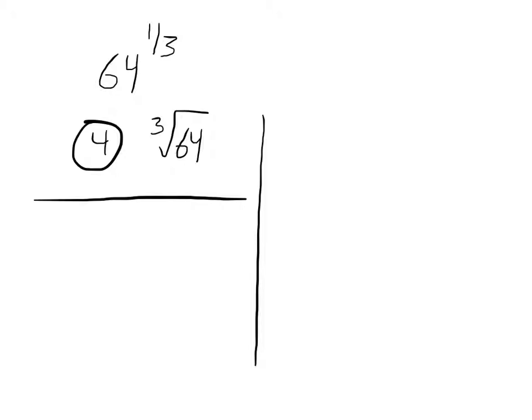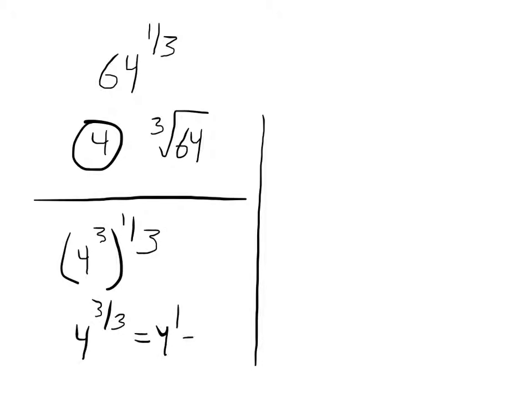Another way would be to recognize that 64 can be written certainly as a power of a base, either 2 or 4. So if you were to write it as a base of 4, you've got 4 cubed is 64. 4 cubed to the 1/3 would be 4 to the 3/3, which is 4 to the first, which is 4. So there's another way to look at it.